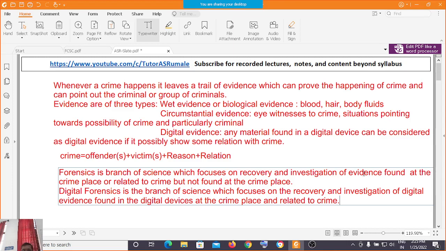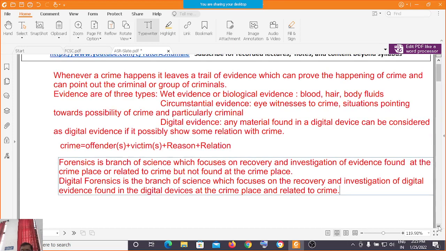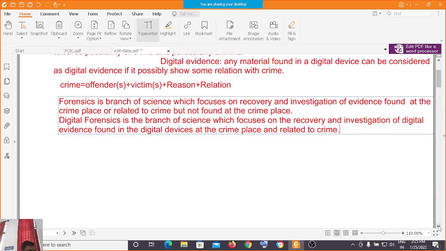So let's come to our subject. What is this digital forensics science that we are seeing? Now we are going to see the life cycle. Life cycle means what exactly happens in a digital forensic.